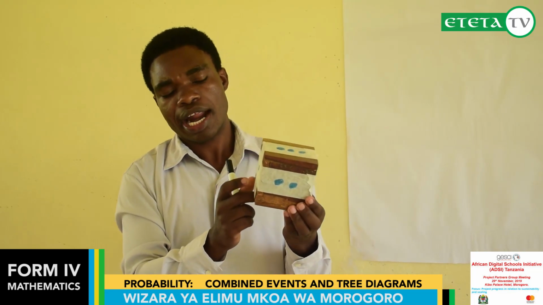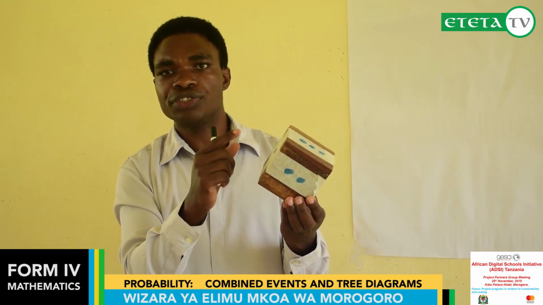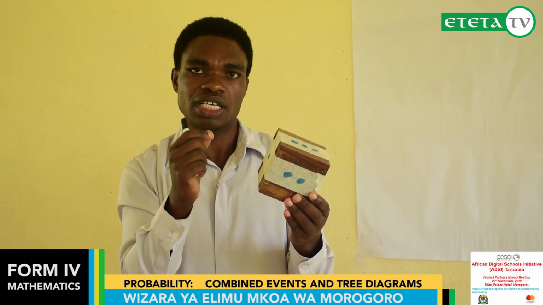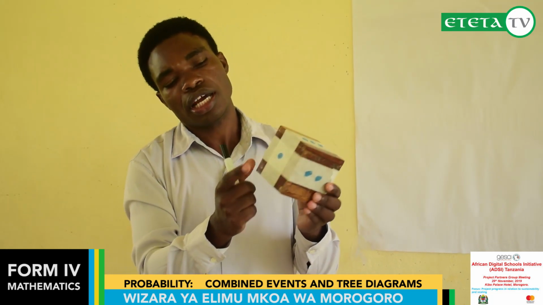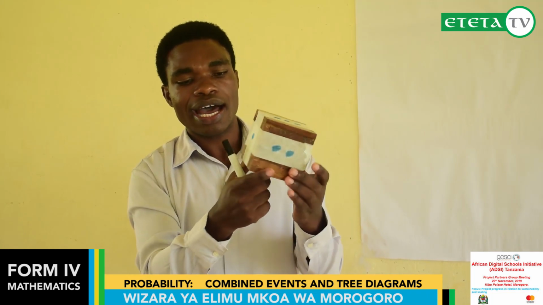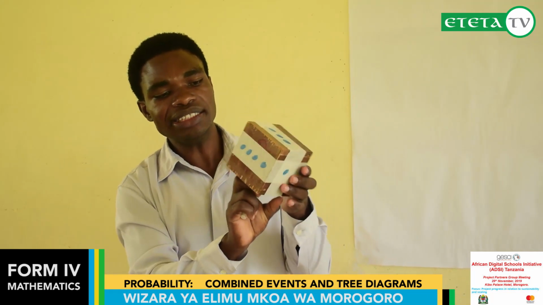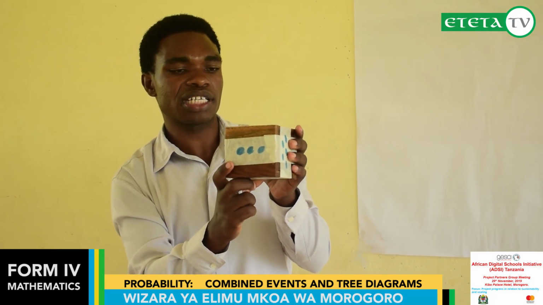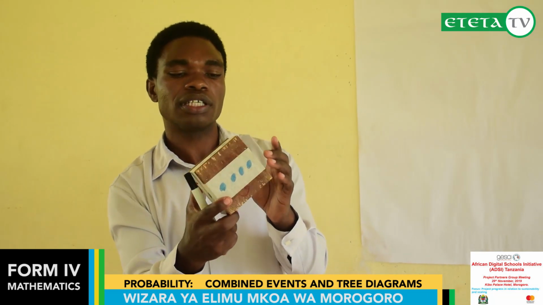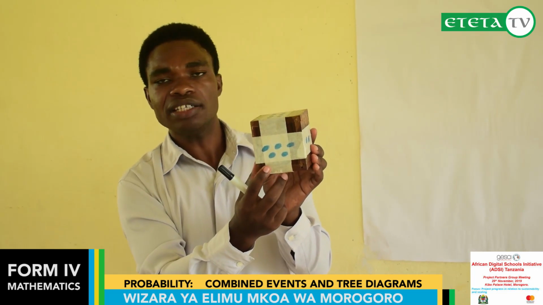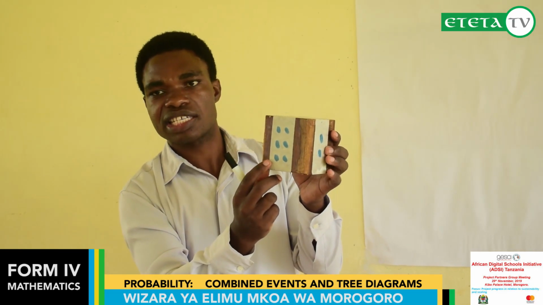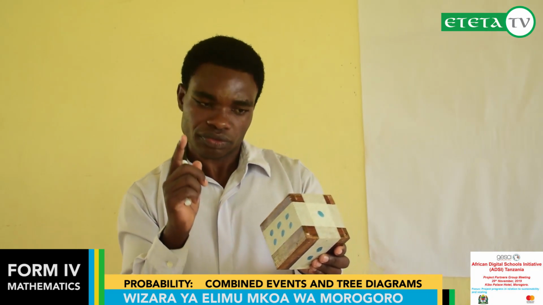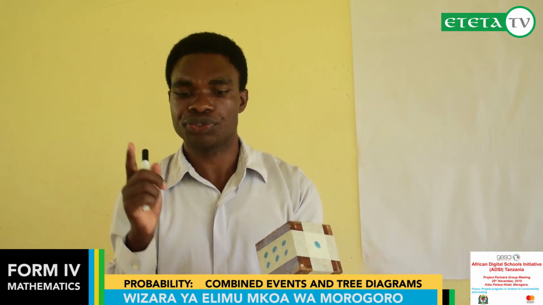For example, here I use dots to number the sides of this cube so that it matches the die. I numbered here 1, and again 2, then 3, you see 3 dots, then 4, then there is 5 here, and again we have 6. That's the way a die is. So a die has 6 faces, numbered from 1 to 6.